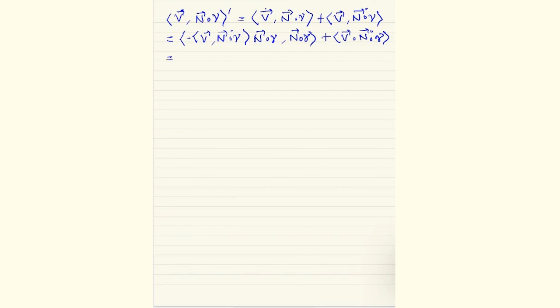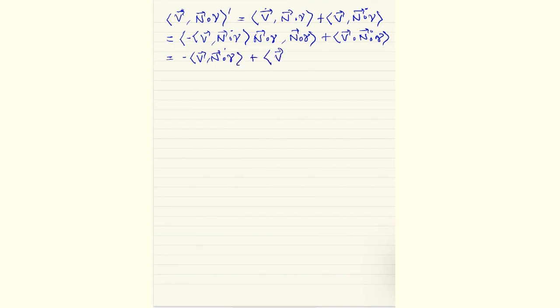Now in the first one, I just pull out the constant. Then I have the normal vector, that is the unit normal, so that becomes 1. So you're left with just the derivative of this vector field, plus the same thing.